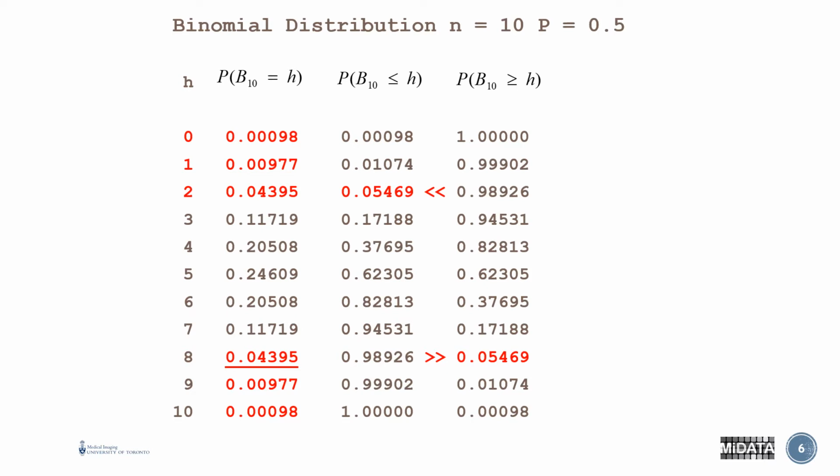Okay, let's have a look at this binomial distribution where n equals 10, which are your 10 patients. The probability, or the null hypothesis, or the chance hypothesis, is 0.5. So it's a flip of a coin.